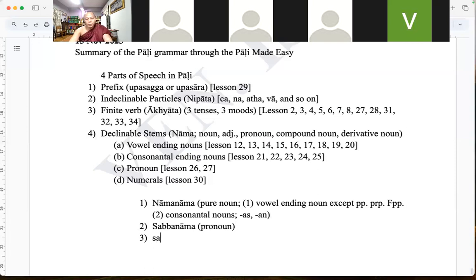And the next one is samasa nama. So samasa nama is actually compound noun. So that compound noun is in Pali Easy, let's say 28 and the 29, okay, let's check.